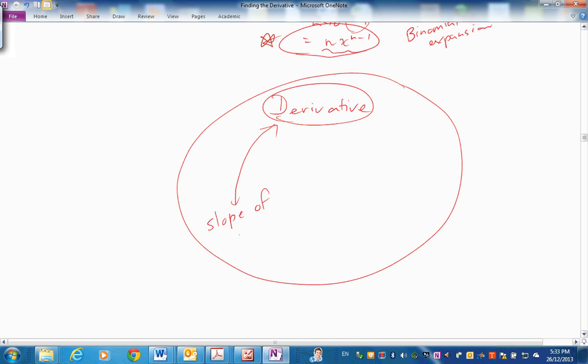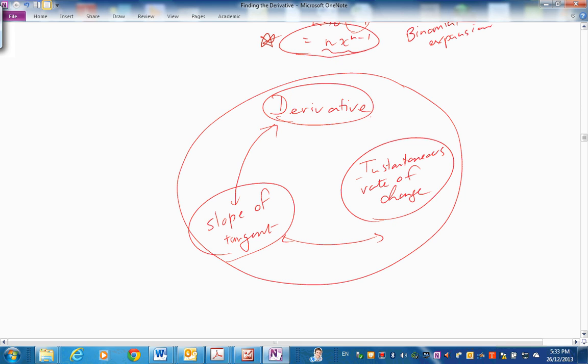This was the idea of Newton and Leibniz. The rate of change, so the limiting position of the chord around here, to the instantaneous rate of change of the function at that point. It's a trichotomy. Each of them mean the same thing.